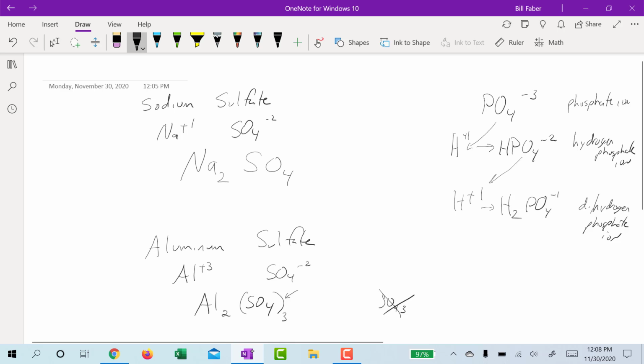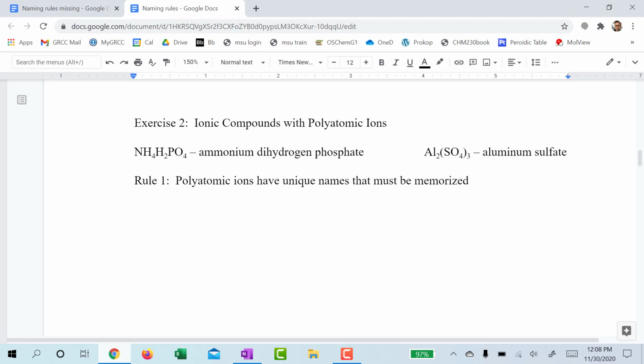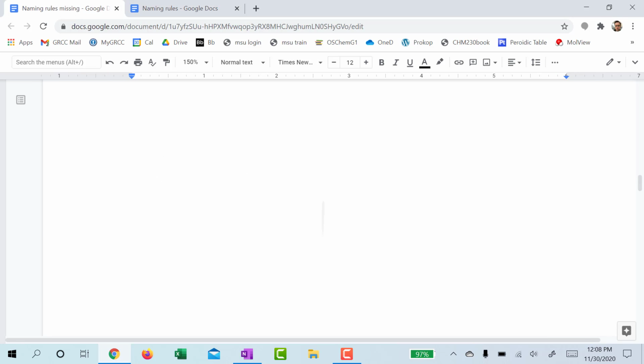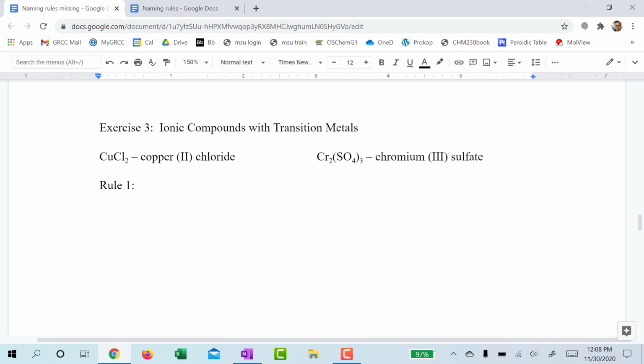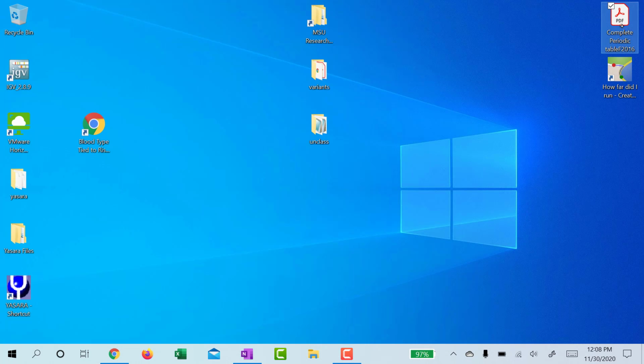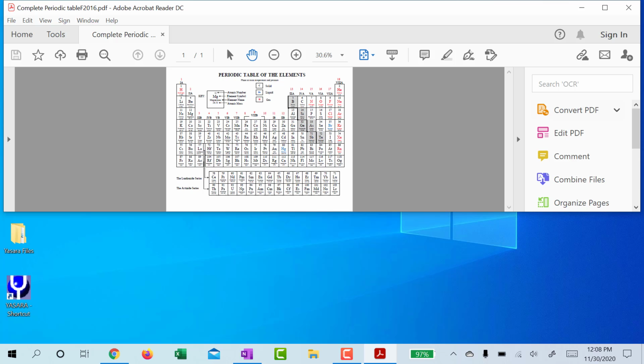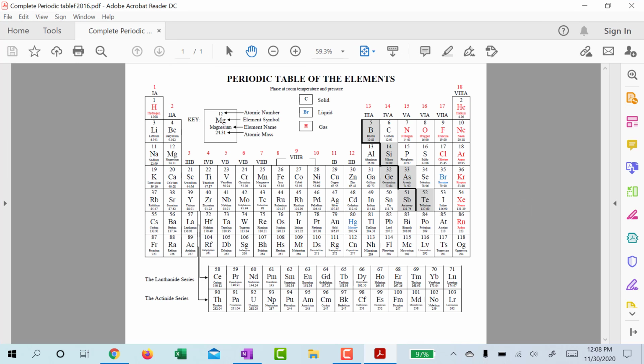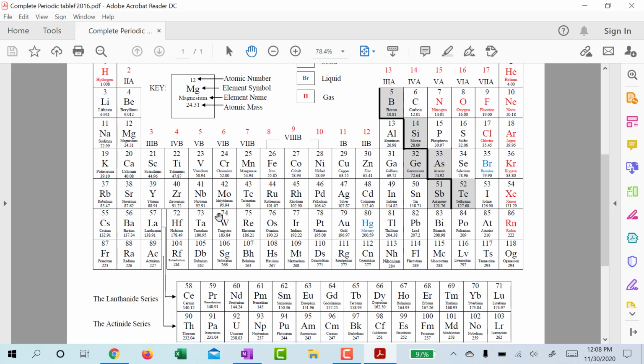Okay? Now, one more set of rules for ionic compounds, and this has to do with transition metals. So remember, on the periodic table, when we see a transition metal, we know that these charges of these transition metals, we can't really figure out.